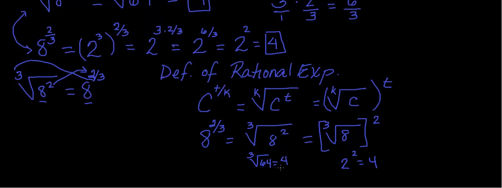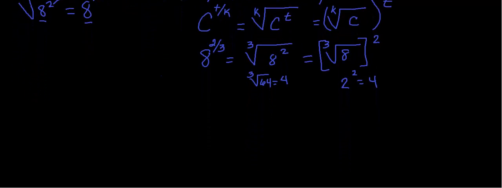So either way, raising the whole radical to the second power or just raising the radicand to the second power, it's going to give you the same thing. So this is the formal definition of rational exponents, and there you have it.